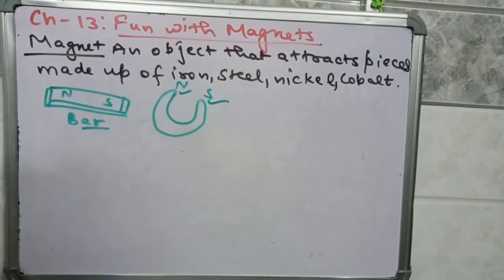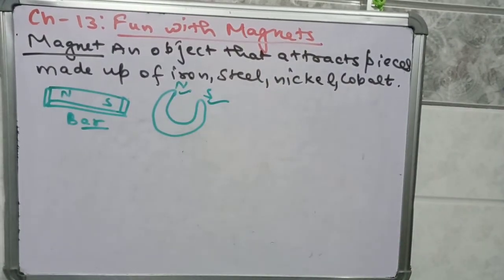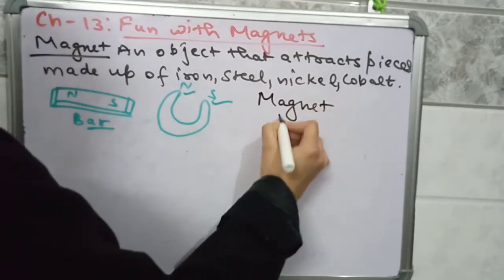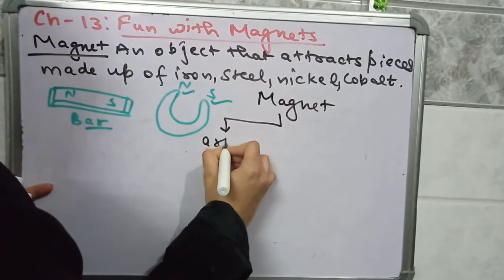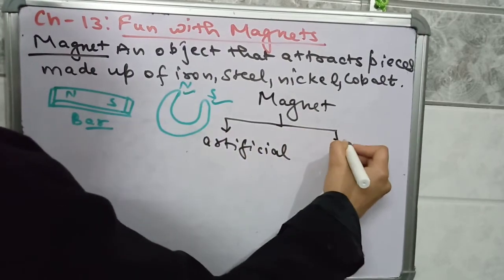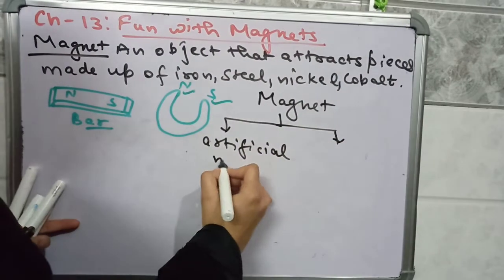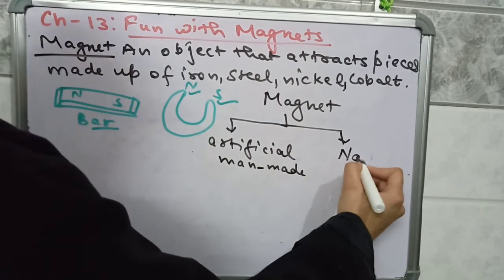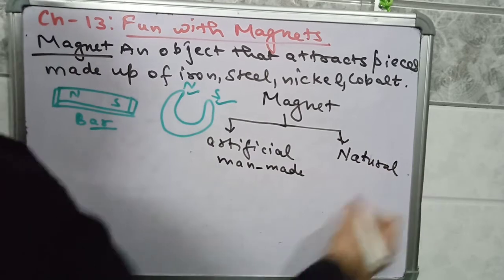So there are various shapes of magnets around us. Okay, so magnets are of two types. One is the artificial magnet. We can construct a magnet, or artificial magnets are also known as man-made magnets. And the second category of magnet is the natural magnet.